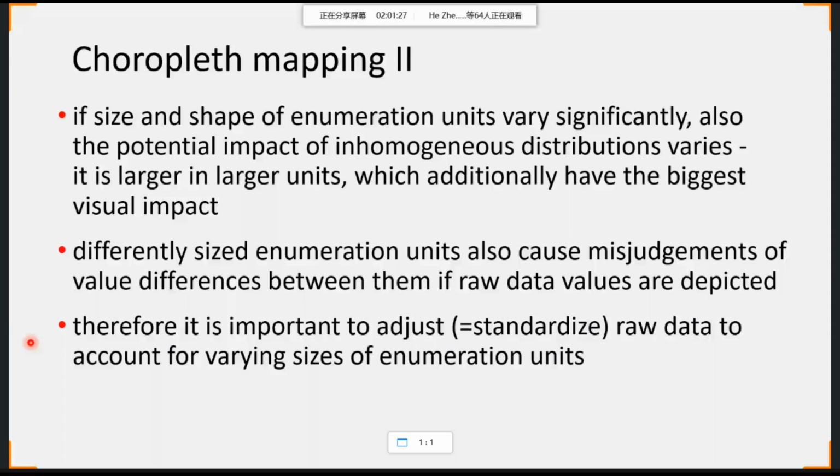Of course, there are maps for each of the countries in Europe, where you can find maps that show you the distribution of the data within these countries, based on the next administrative level, like in China the provinces or in the United States the states. But of course, the size of these units varies greatly.